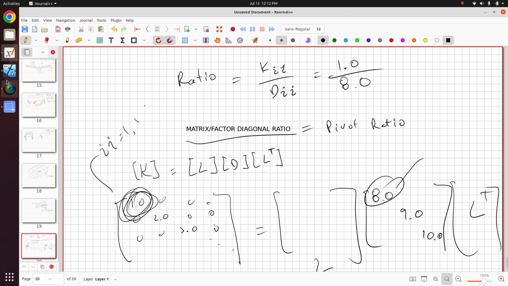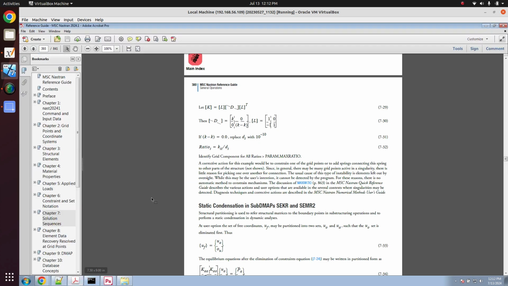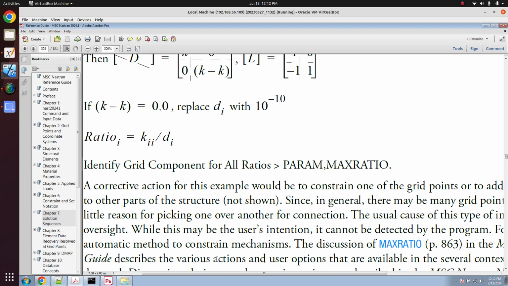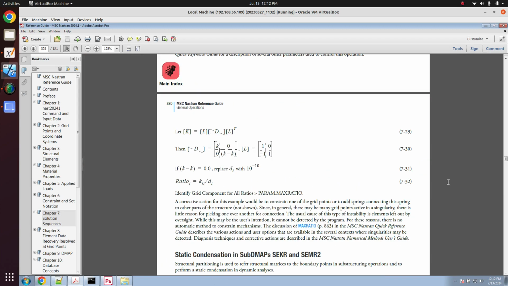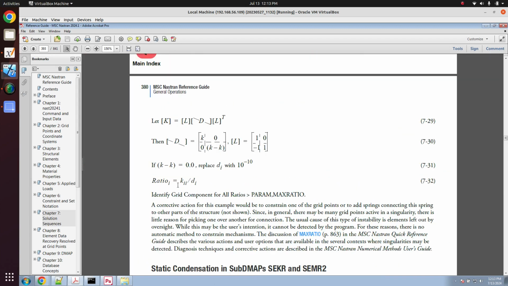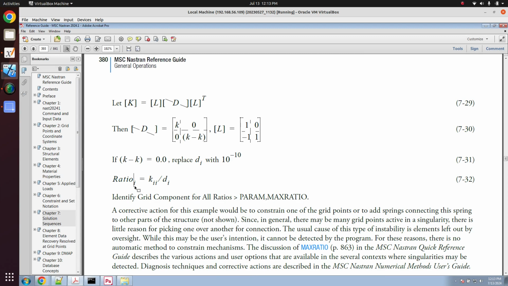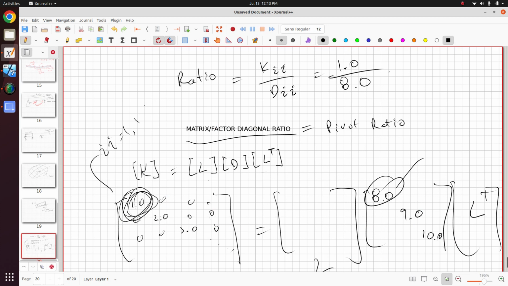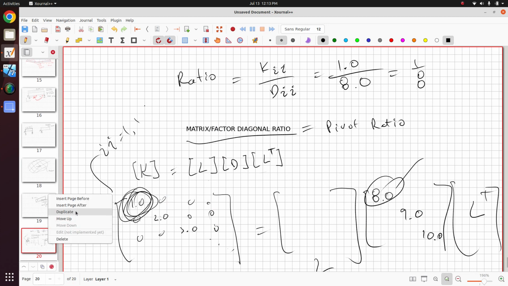Now, again, this is all coming from the MC Nastran reference manual. If you look at equation 732 in this document, the ratio is defined here, KII over DII. In this case, the ratio is 1 over 8. Now, why is this ratio very important?